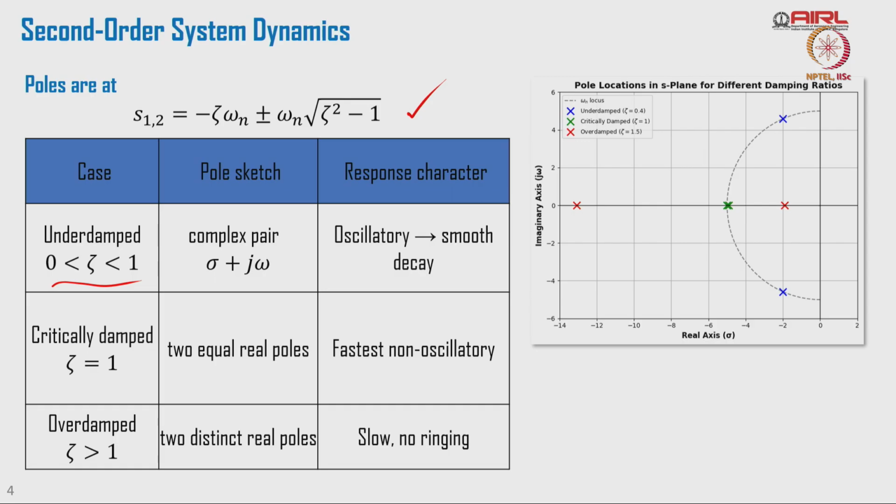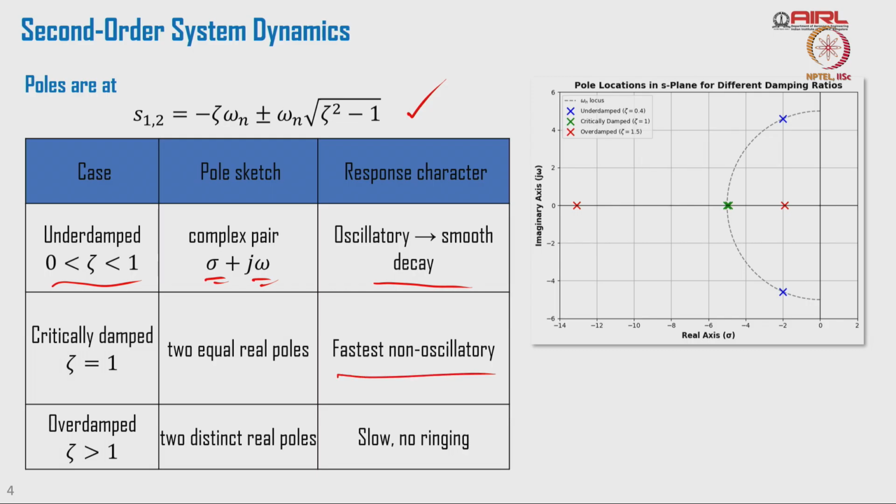It will have a complex pair of roots, with sigma and j omega values, right. If we have the underdamped response, the response will be oscillatory and it will decay, because of the damping. If it is critically damped, that means zeta is equal to 1, then there will be 2 equal real poles, and it will be the fastest non oscillatory response.